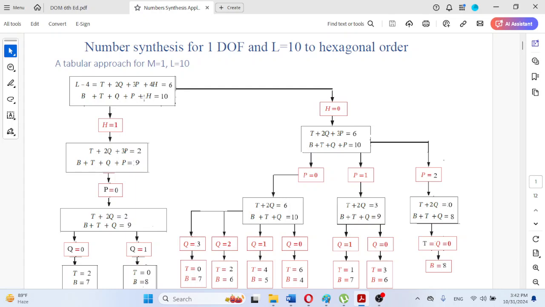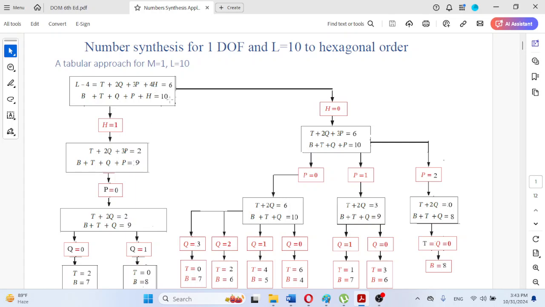To start the analysis, as has been suggested, we will always start from the highest order link. The highest order link here is hexagonal because it has 6 nodes. We will start from its lowest count, meaning from 0 and 1, and proceed further if greater than 1, to 2, 3 and 4 in this way.